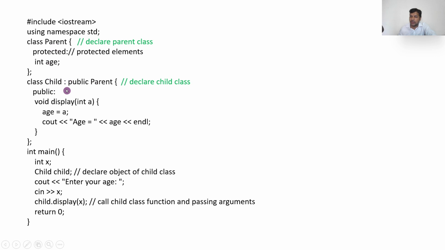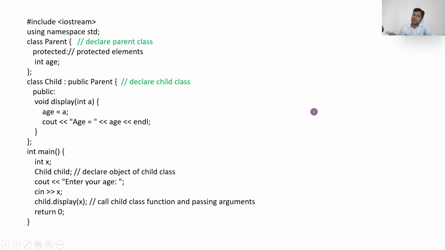When you use colon, that means the parent class is a super class and the child class is a subclass. Now class members, for example int age, which is declared in the parent class, can be used in the child class but not in int main or other classes.